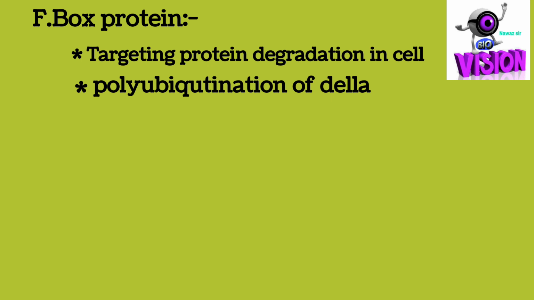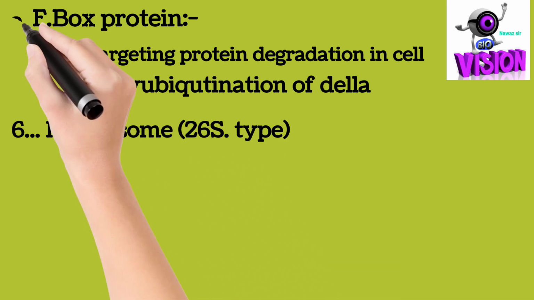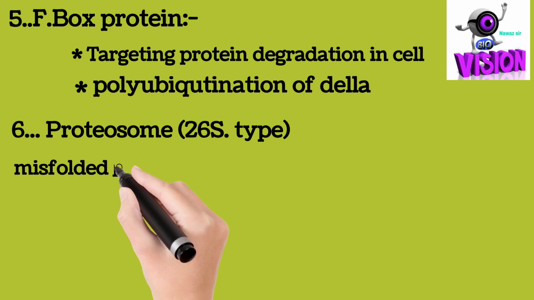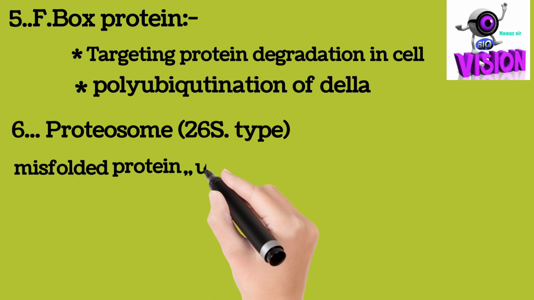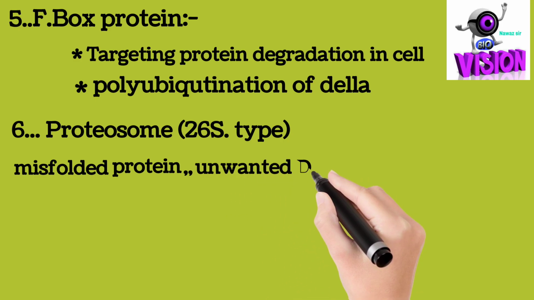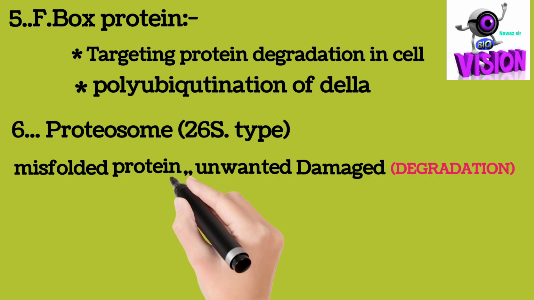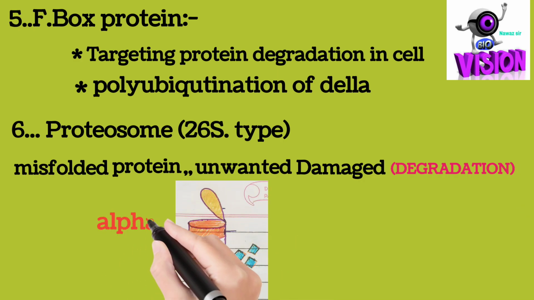Now the last point of terminology is the 26S proteasome. It is a protein complex. It leads to degradation of misfolded, unwanted or damaged proteins present inside the cell. This proteasome has a special structure. It is made up of a core part and two caps, lower and upper.